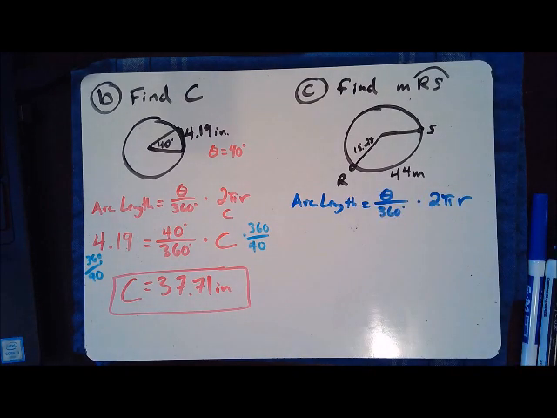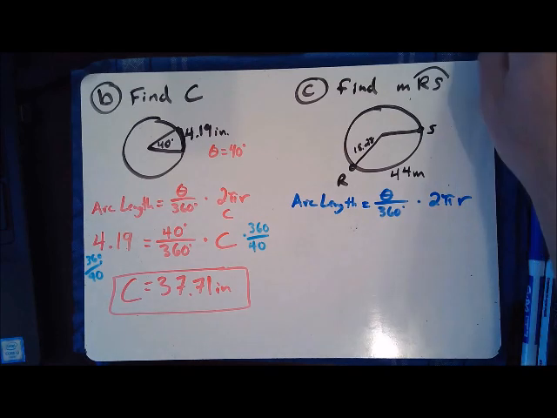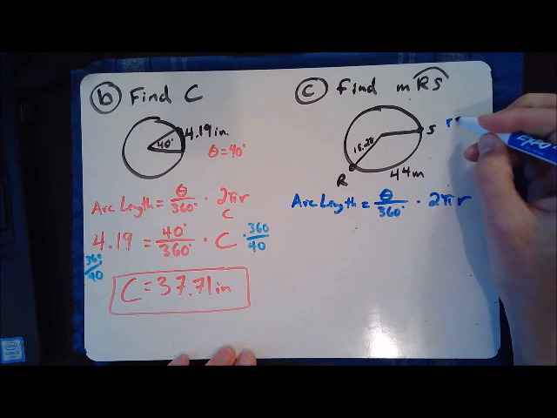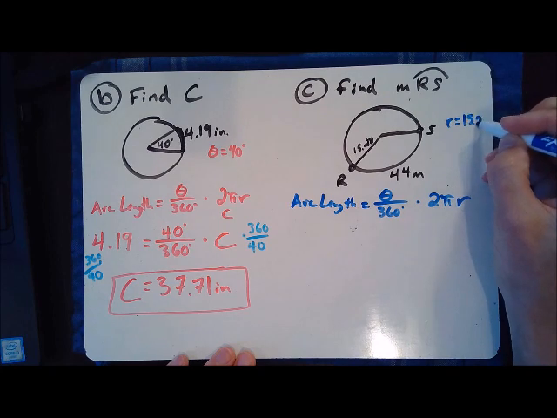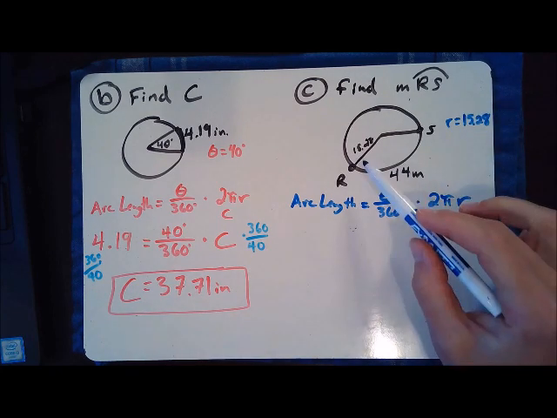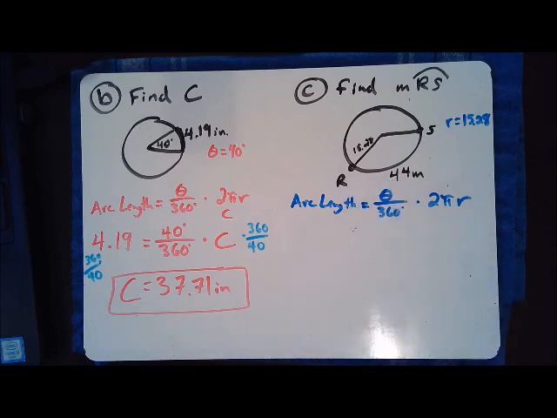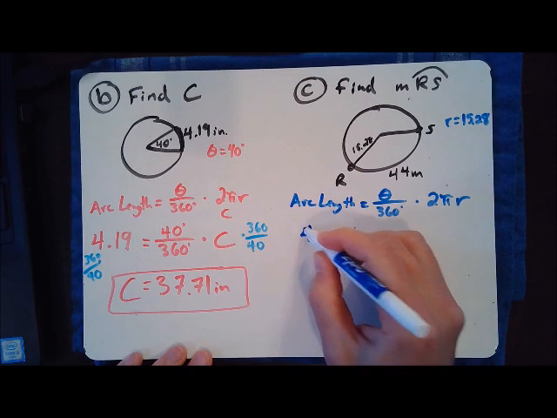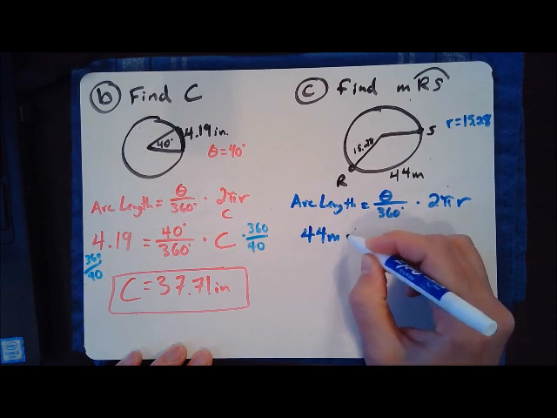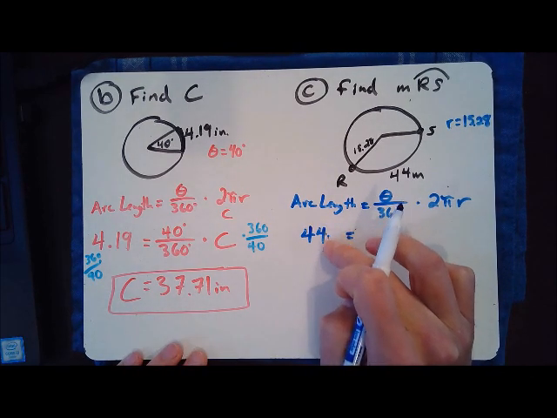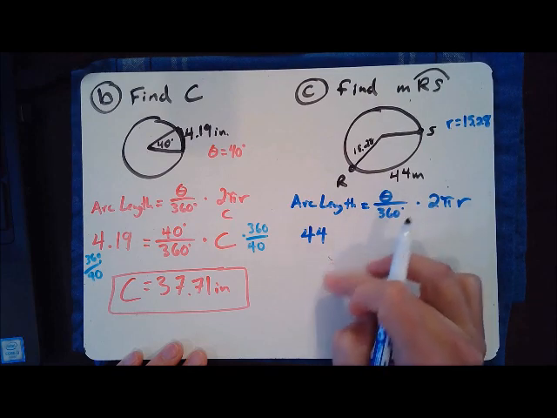Great. Okay, next problem. I am looking at a figure that has a given radius. This time I know the radius, it looks like that's 15.28. And again, I'm given my arc length, it looks like 44 meters. So let's plug things in. 44 meters equals, I'm actually going to take the meters out so I don't confuse myself with units while doing my math.